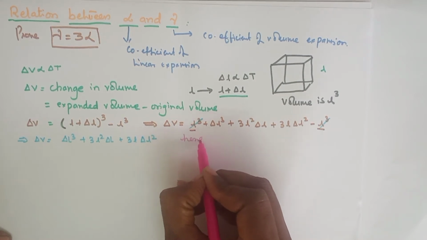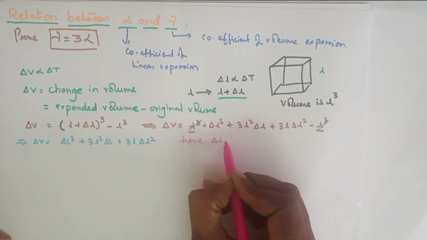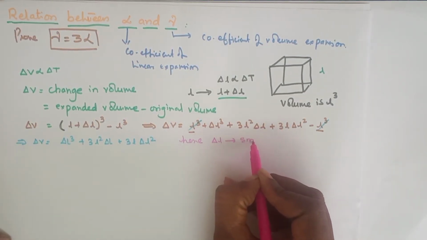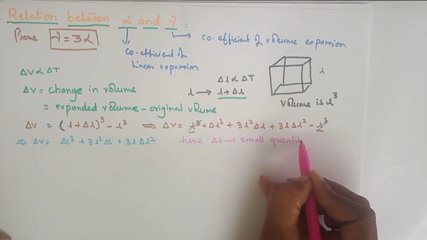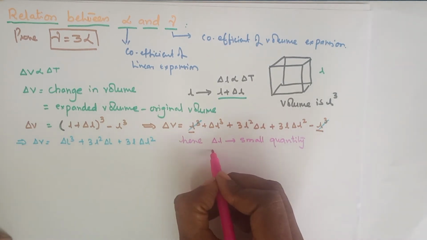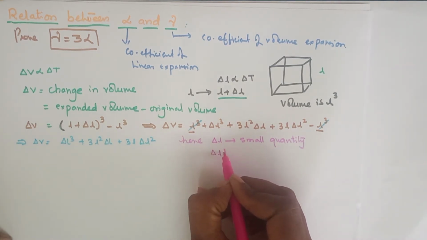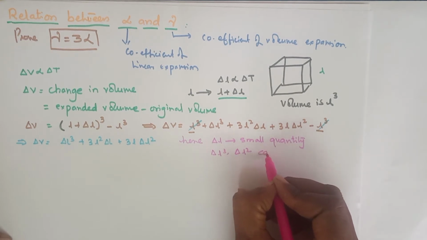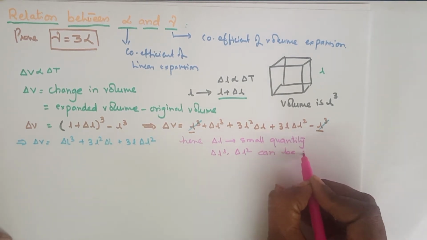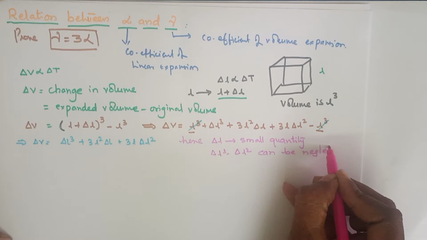Now here delta L is a small quantity. So delta L cube and delta L square can be neglected, cannot be considered, discarded.